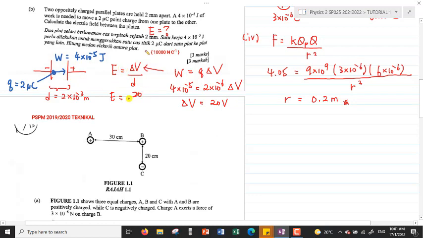So 20 over the separation between the plate is 2 to the power of negative 3. So I'll get the electric field will be 10,000 Newton per coulomb, or you might put it in unit volt per meter. Okay, both is accepted. Then we're done with the question.